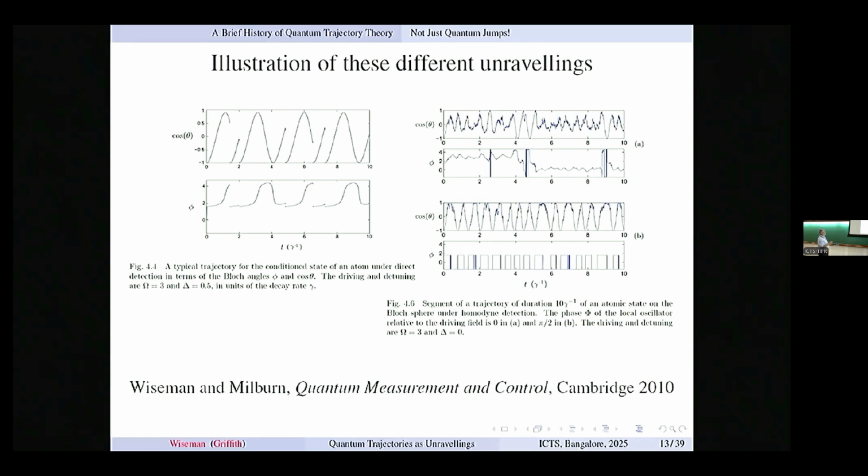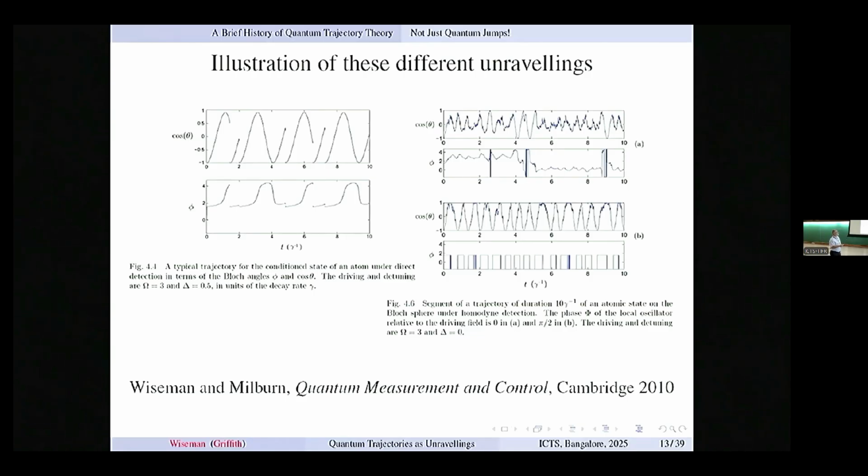With quantum jumps, one gets these discontinuous evolutions. You could also think of this as the excitation, so 1 is the excited state, minus 1 is the ground state. You get these smooth periods of evolution, followed by jumps where the atom just pops down to the ground state. Meanwhile, the phase is doing something interesting, because in this case, we put in a little detuning as well, just to make that interesting.